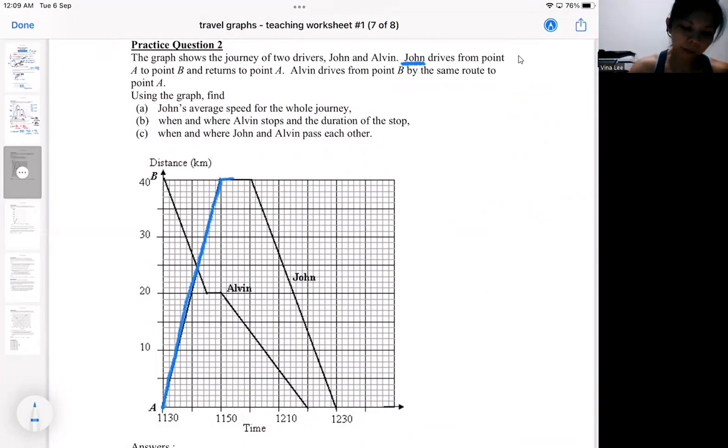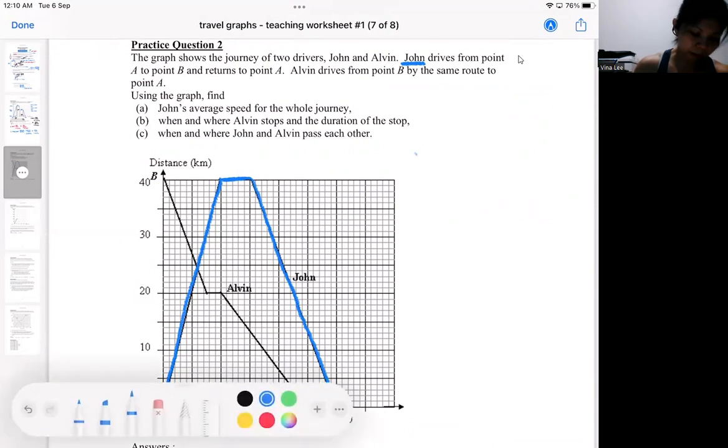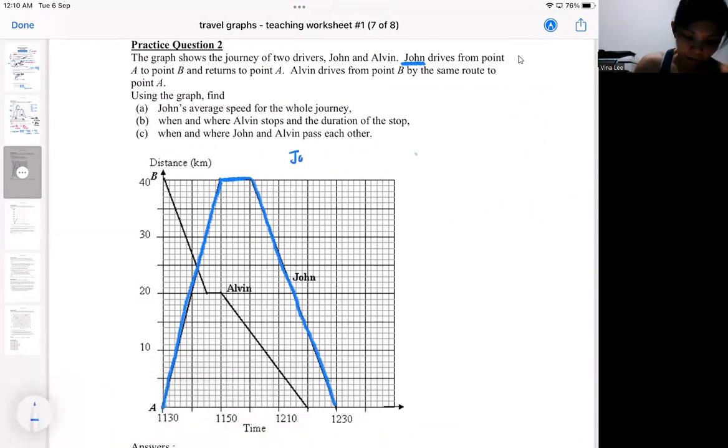After he hits B, then he rested, and then he returned back again. So John makes a to and fro journey. So for John, A to B, then back to A.